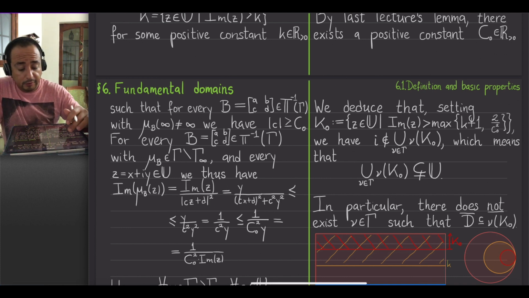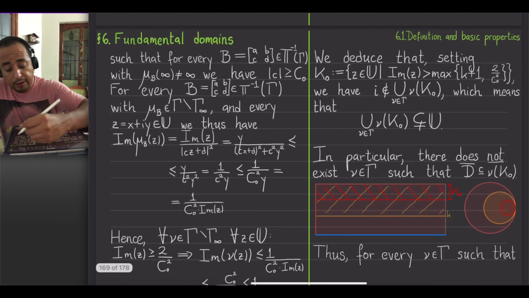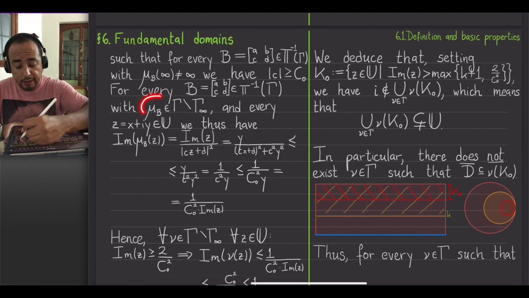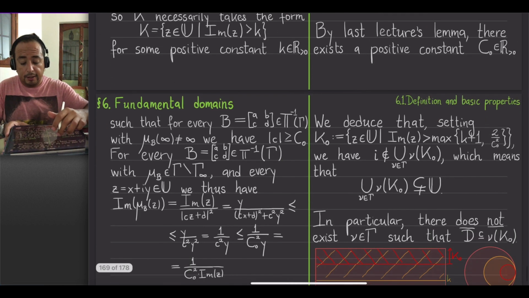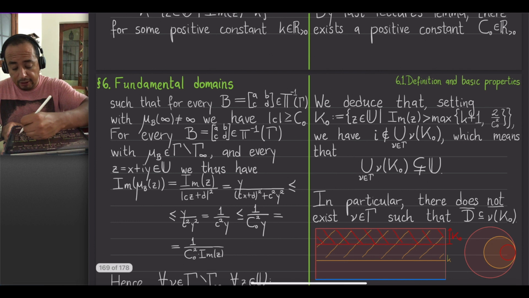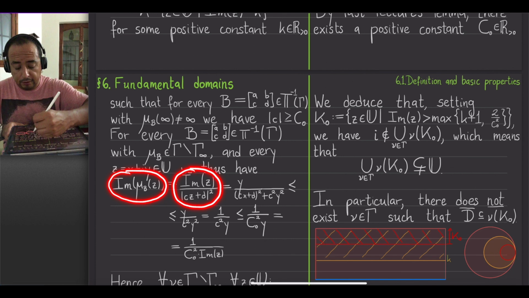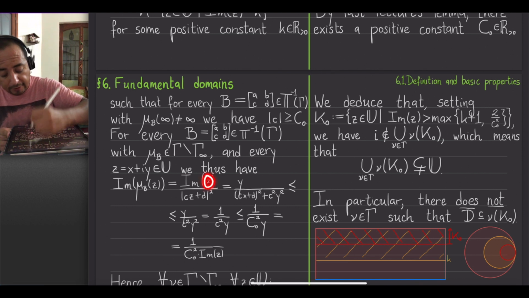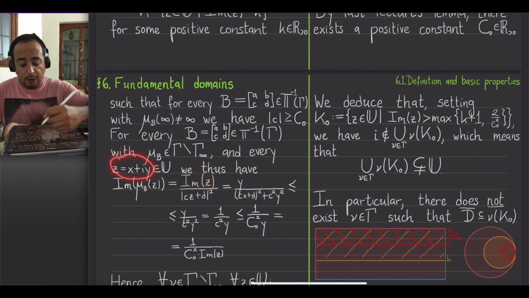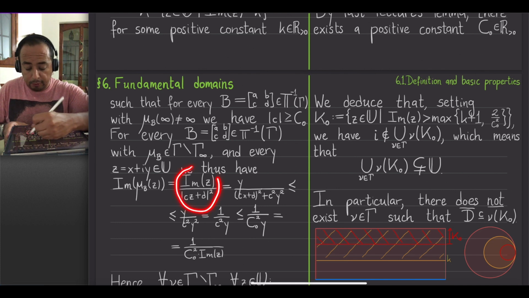Now let's notice this. If we take an element not in the stabilizer of infinity, the fixed point of gamma, we have this imaginary part. We computed it a long time ago, and it's equal to this in terms of the imaginary part of the original z. Writing z as x plus iy with x and y real, we compute this: the numerator just becomes y, and the denominator has the square norm.